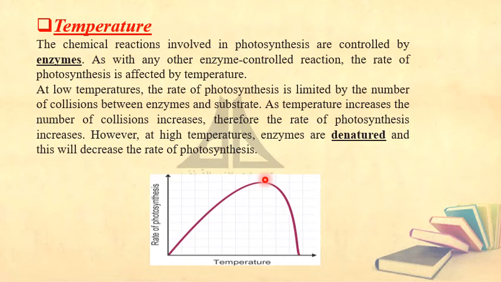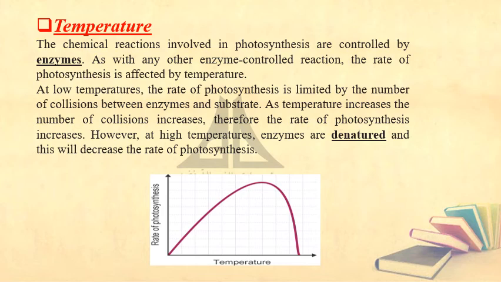at high temperature, the enzymes that are involved in the photosynthesis reaction, or in the light reaction, due to the effect of high temperature, are going to be denatured. What do I mean by denatured? It means destroyed. They will die, and when there are no more enzymes, the rate of photosynthesis will decrease till it becomes nil, or equal to 0.